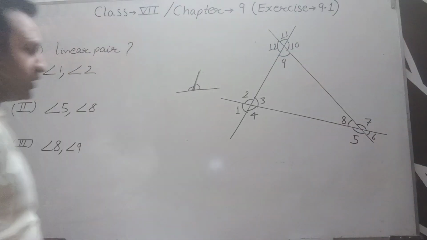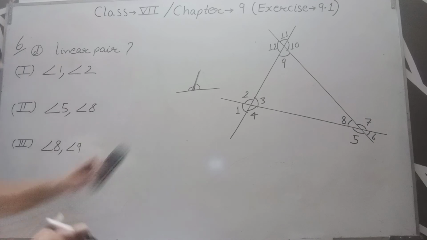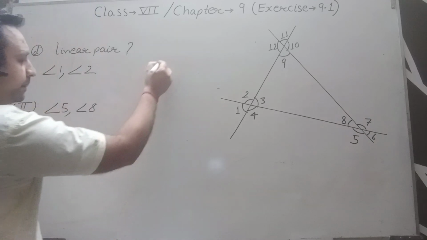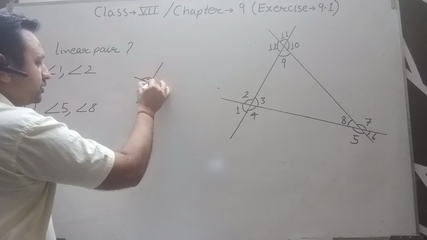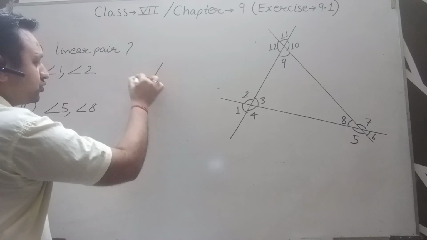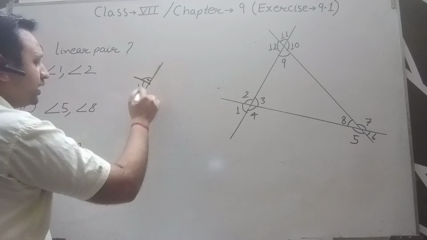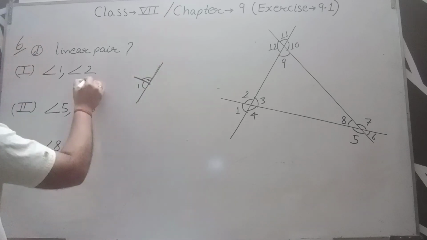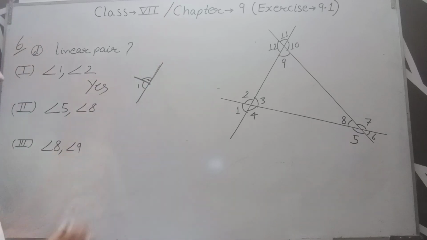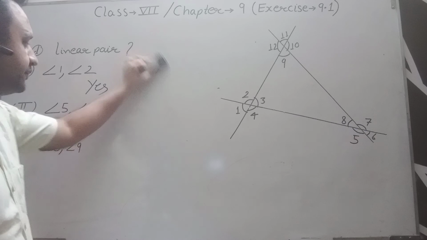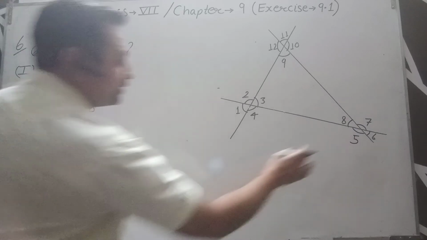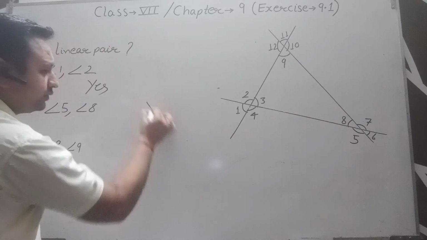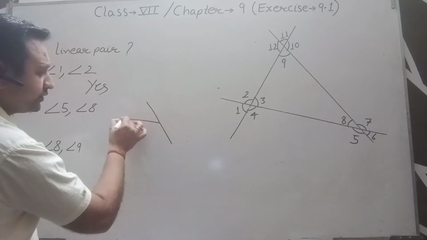Now we observe angle 1 and angle 2. It has a common vertex, a common arm, and their non-common arms are opposite to each other. So these angles are linear pair angles. Angle 5 comma angle 8, according to the figure both angles are like this.